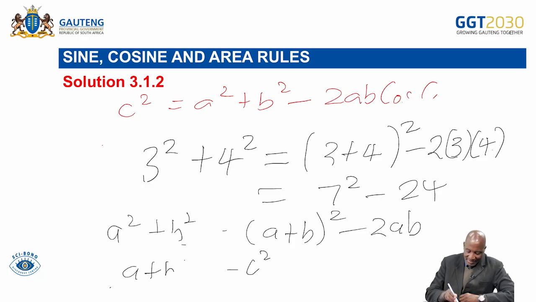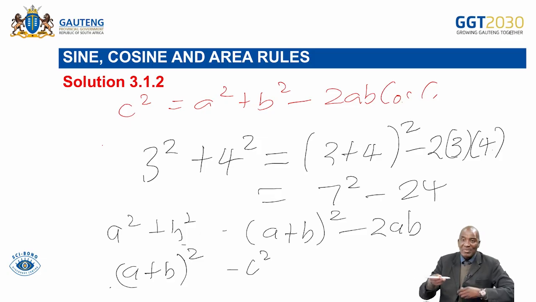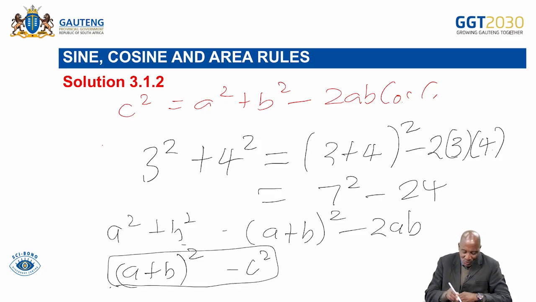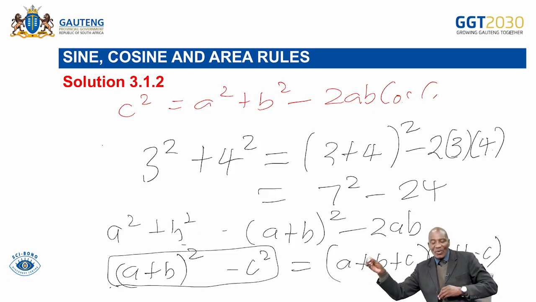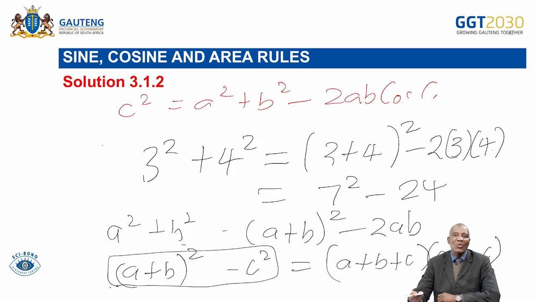A plus B squared is like one thing, let that be K or Y. You will realize that this is now a difference of two squares, which simplifies to A plus B plus C times A plus B minus C. Then minus that 2AB. That's where we got that one from after dividing throughout by 2AB. That's where we are getting A plus B plus C in that question.